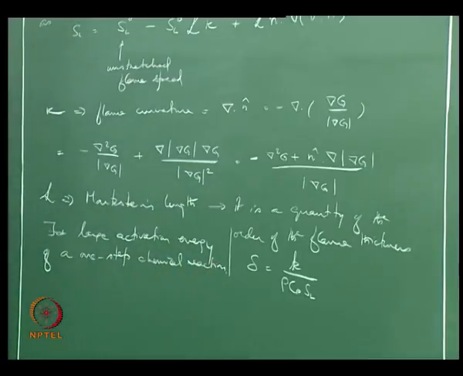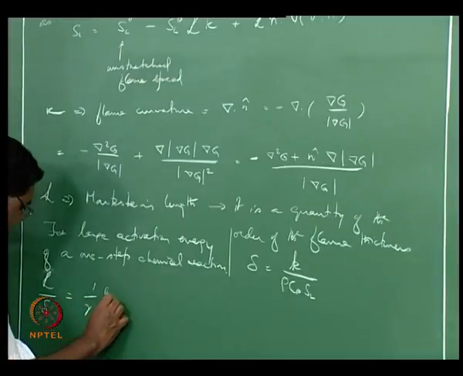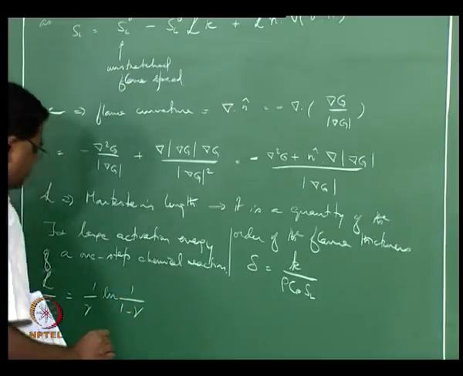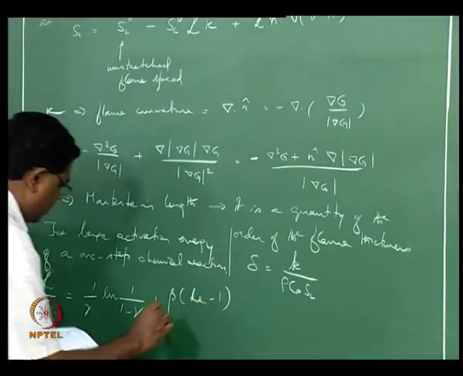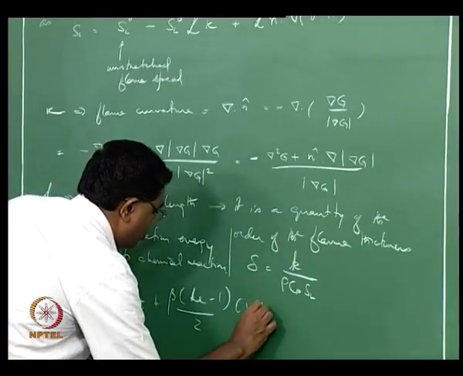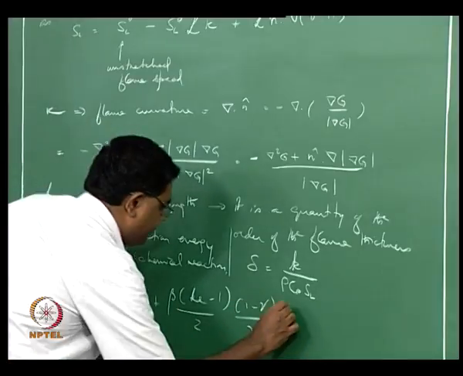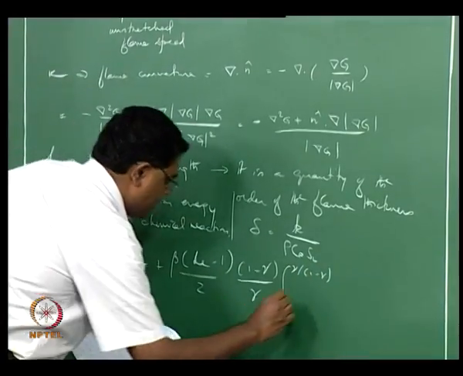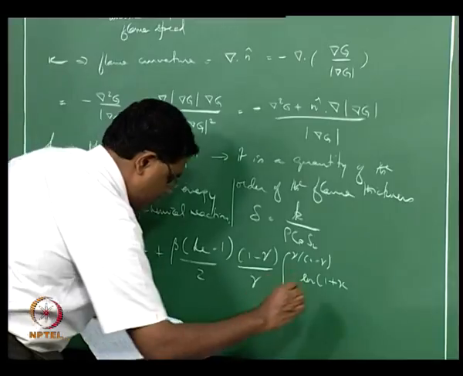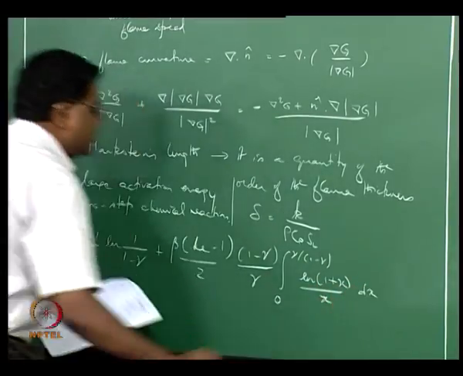So within the framework of assuming a one step chemical reaction with a large activation energy, script L over delta is 1 over gamma natural logarithm of 1 over 1 minus gamma, plus beta times Lewis number minus 1, divided by 2, times 1 minus gamma divided by gamma, times the integral from 0 to gamma over 1 minus gamma of natural logarithm of 1 plus x divided by x dx.